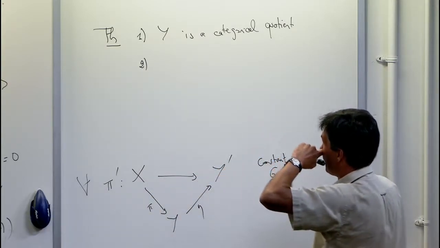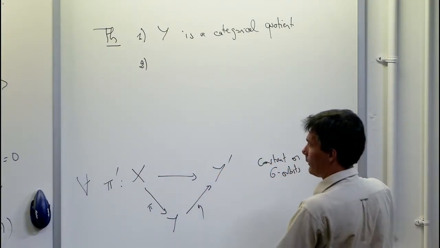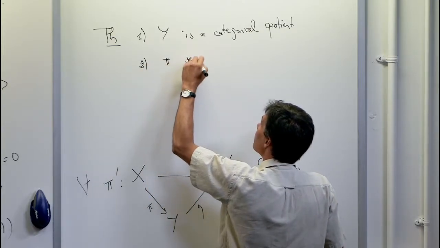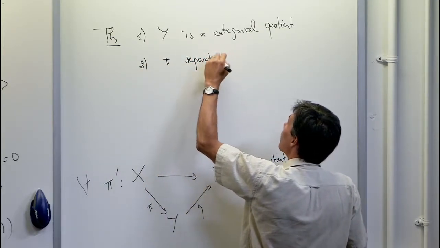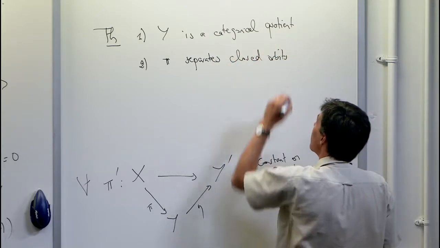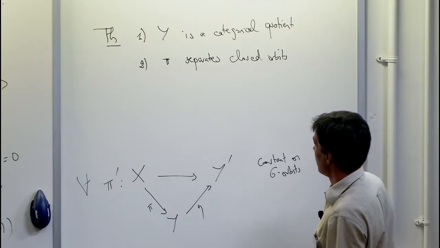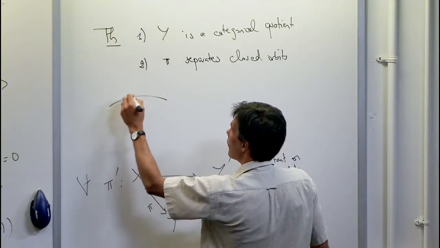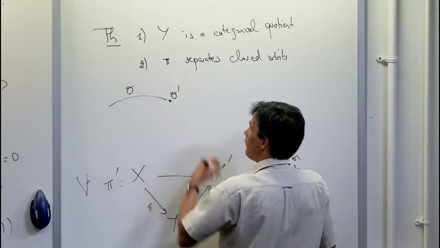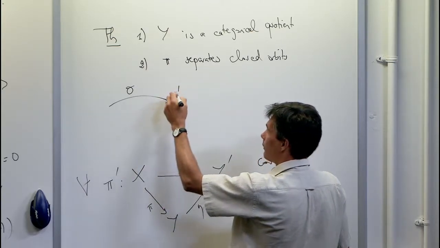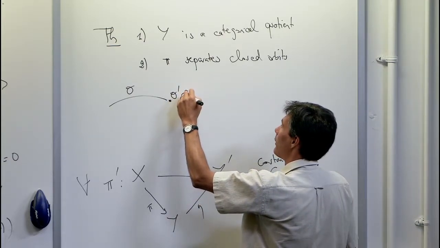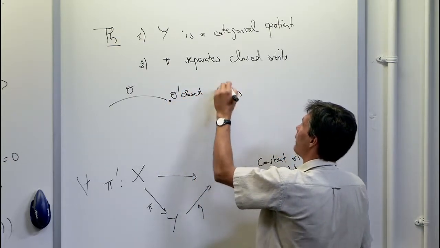The second thing I would like to mention is that my pi separates closed orbits. You could have an orbit here which is not closed, and which has maybe a closed orbit in its closure. By pi they go to the same point.